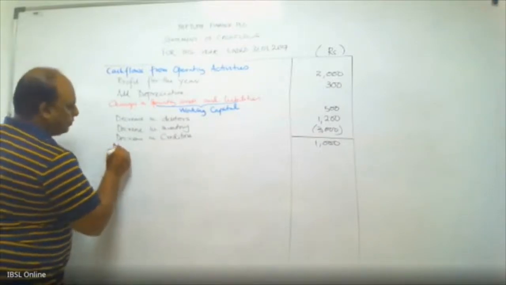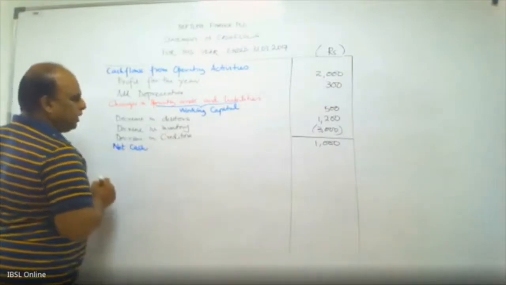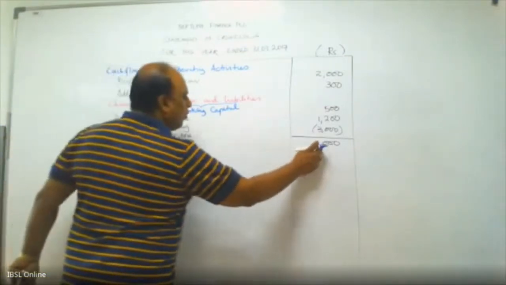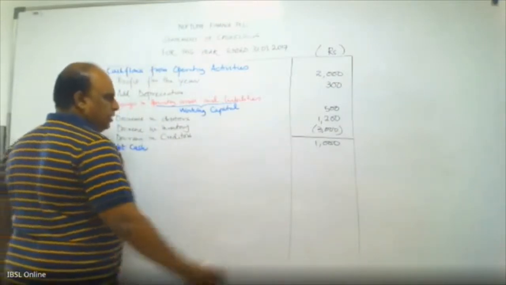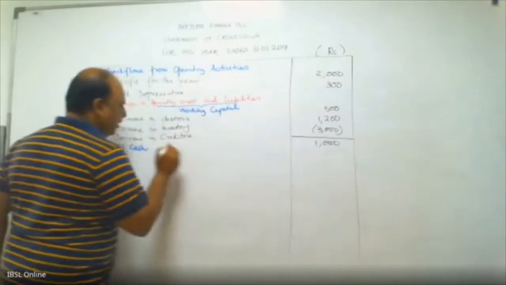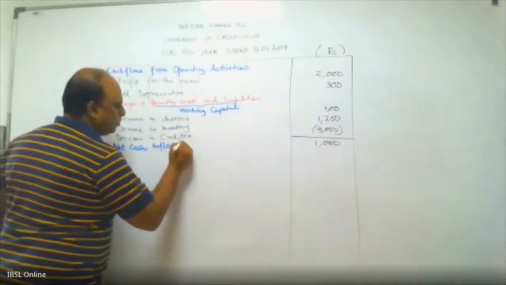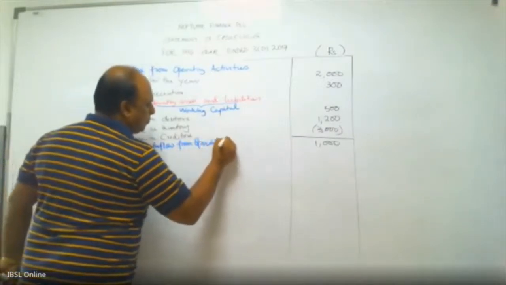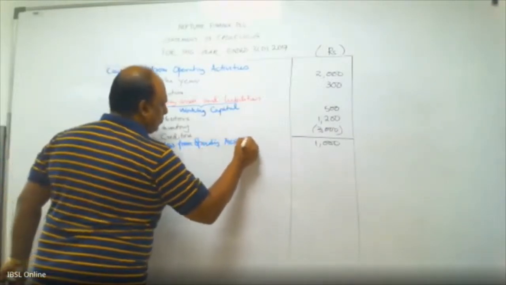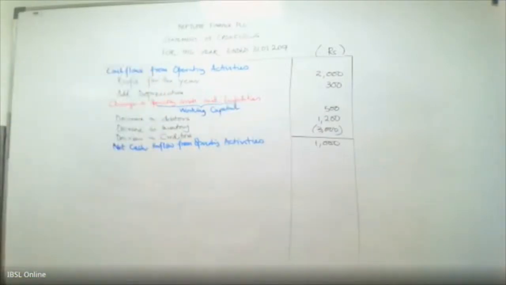net cash, right? Now this is the inflow outflow. It's a positive number, so it's an inflow.